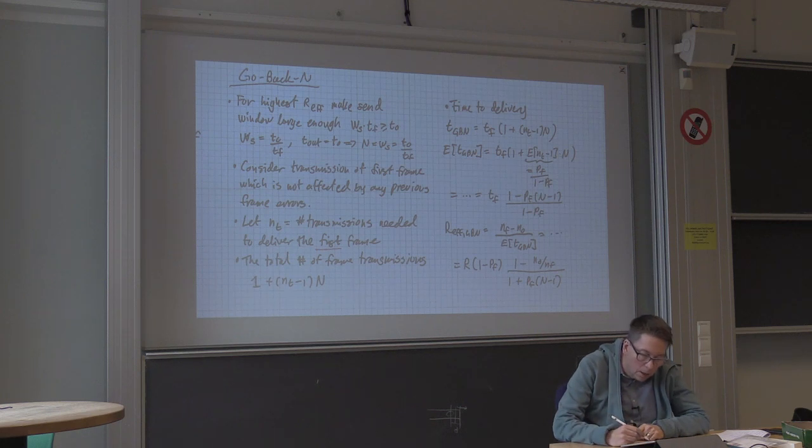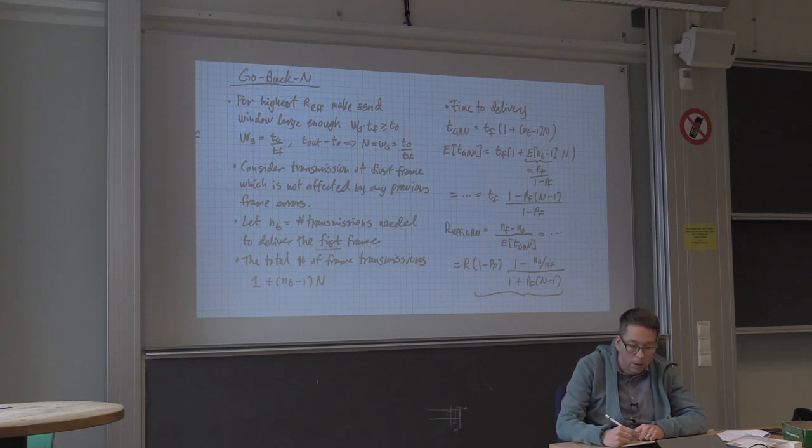And everything that multiplies R here is the efficiency for go back N.